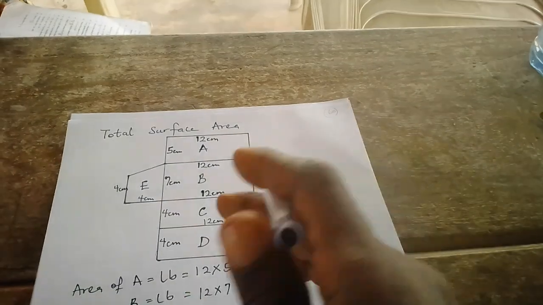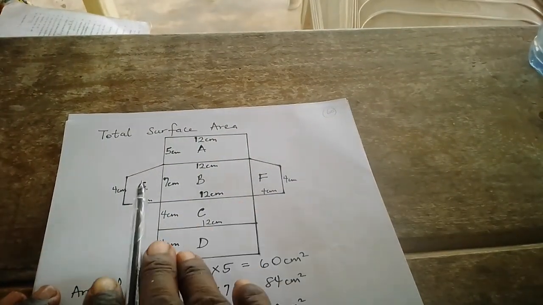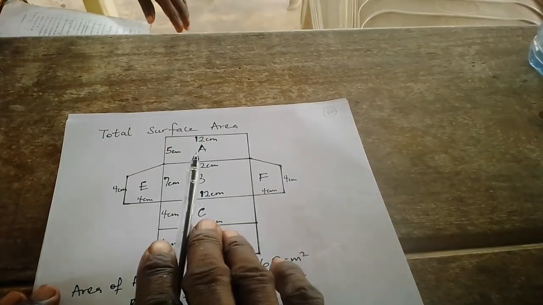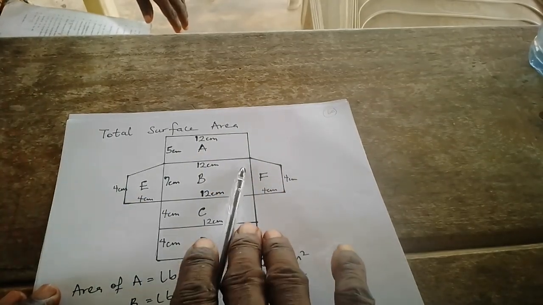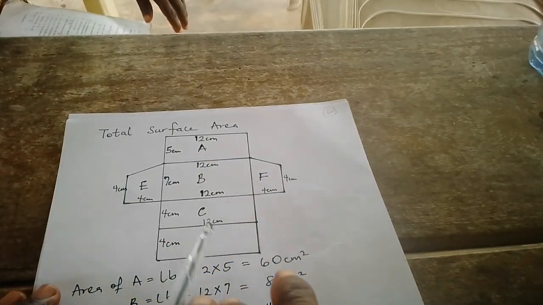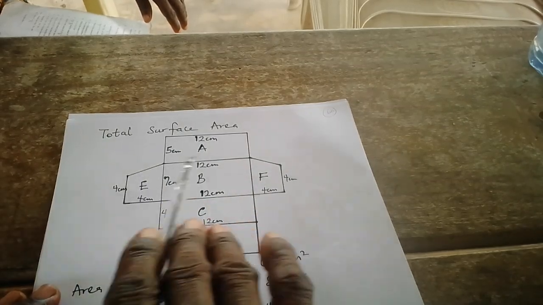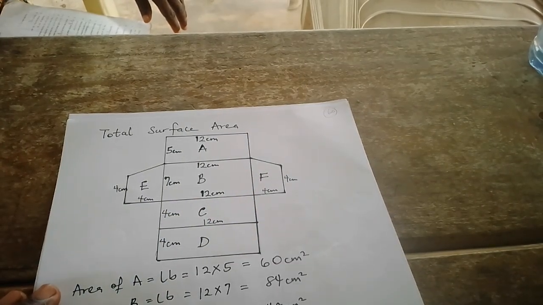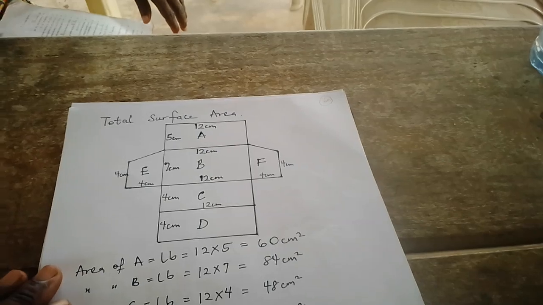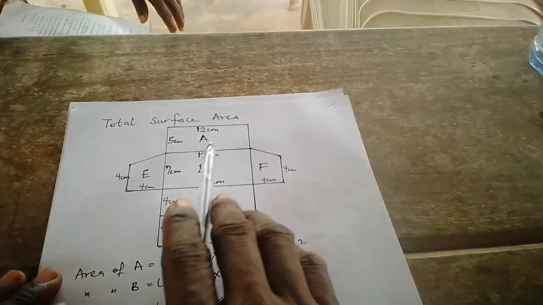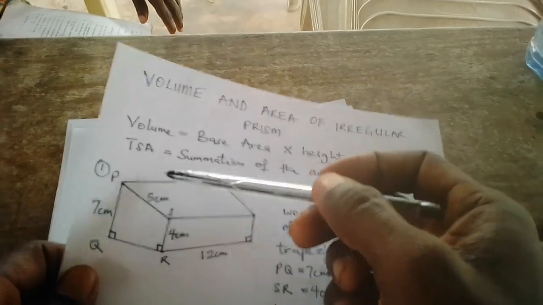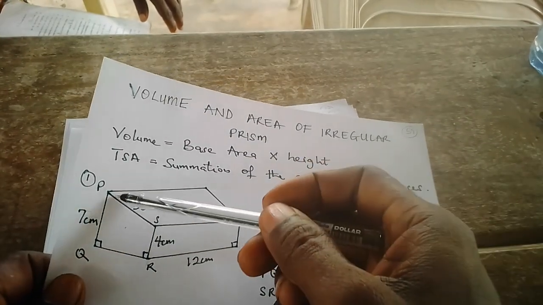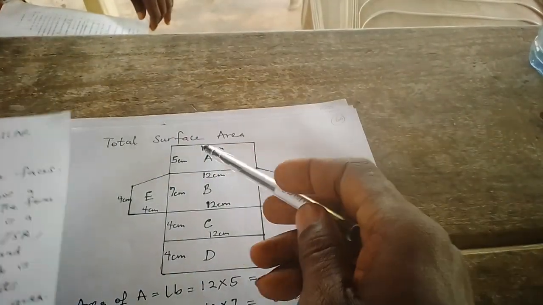So that means you have to have a very good imagination to be able to dismantle it. When you dismantle it, then you are going to label the length and the breadth. So here, this side gives you a rectangle, all these ones are rectangles. Only these two sides will now give you what? A trapezium. You now look for each one after the other. So you realize this 5 centimeter is the cover here, this 5, then the length here will be what? 12.